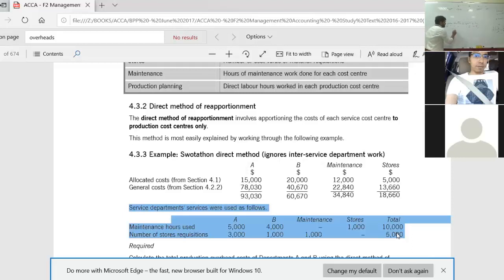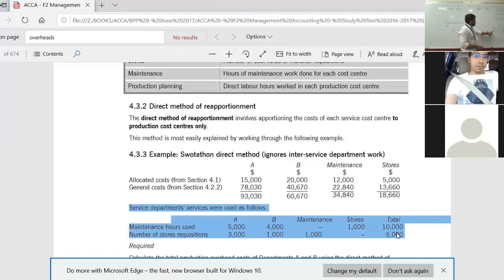Now, X is equal to how much? X equals 34,840 minus Y is equal to 18,660. What is this plus? Let's talk about department M. The total cost of department M is this, plus what it gets from the service department, some percentage of S. How much of S will come here?